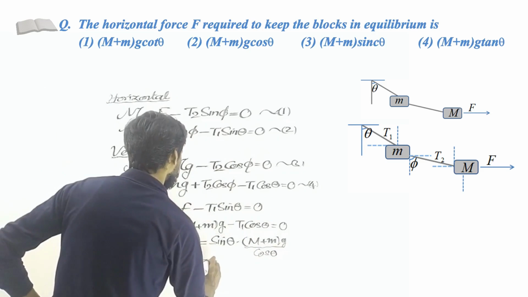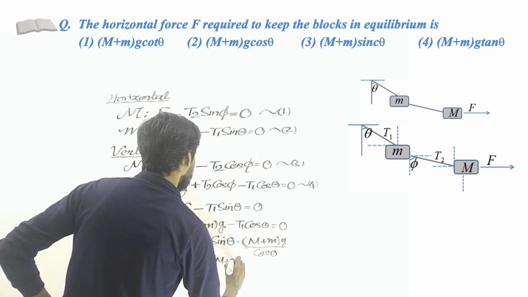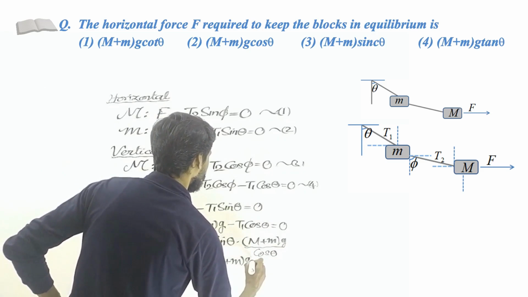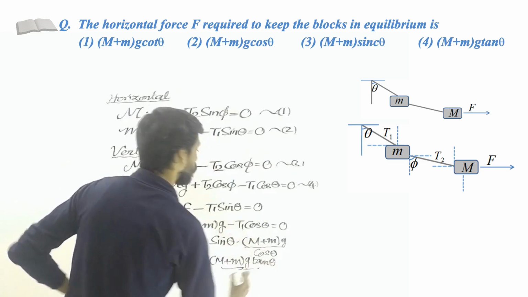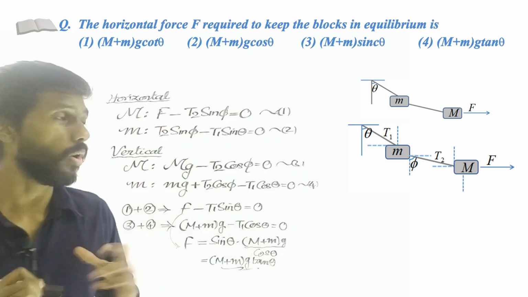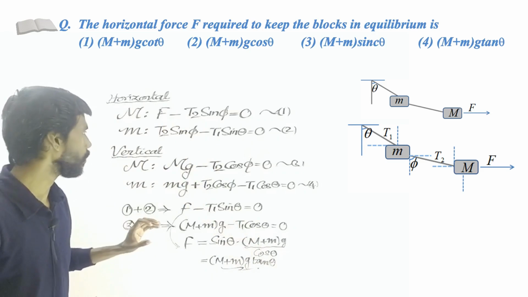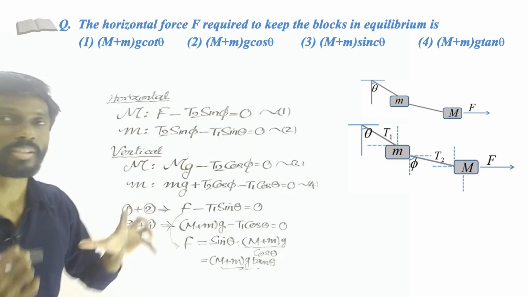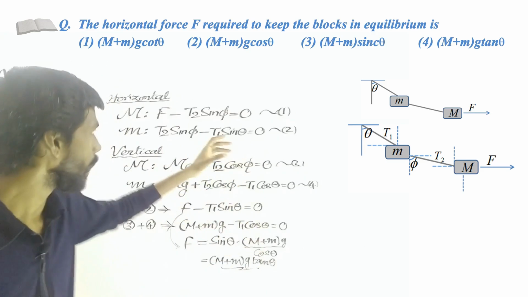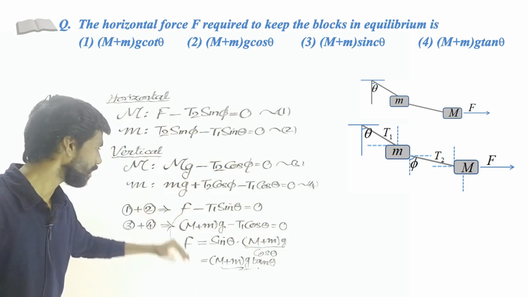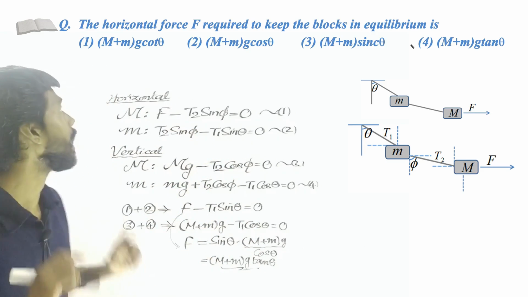So that is simply M plus mg multiplied by tan theta. So that is the required force F for these two blocks to be in equilibrium. So it's a very simple question. We consider the total forces acting on the two blocks in two different directions, horizontal and vertical. So that total force is 0. That gives you the required answer, M plus mg tan theta. Okay.